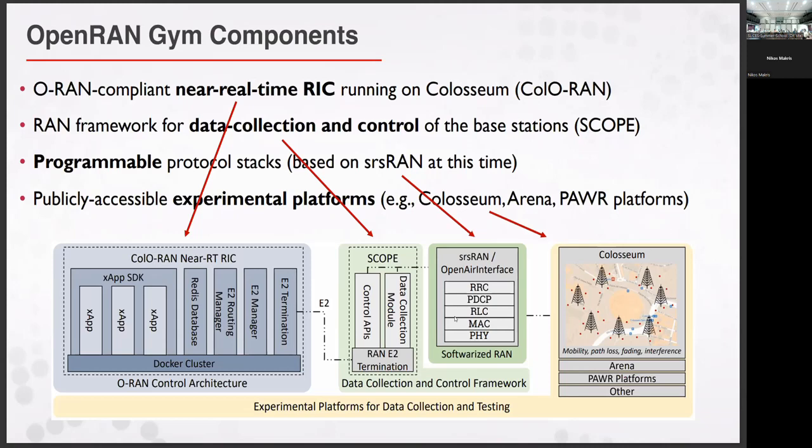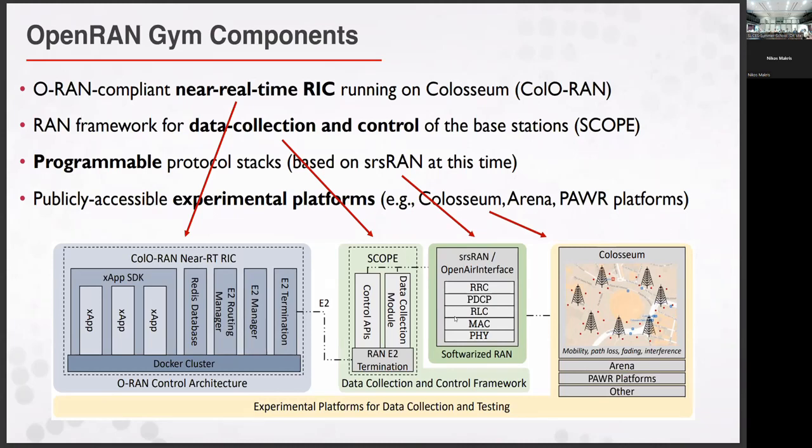So what does that have? The RAN E2 termination connected back to the softwarized RAN, the E2 interface that's compliant, the E2 termination, the management, the routing, and the database, which allows you to concurrently and online query and write, and then these different xApps.